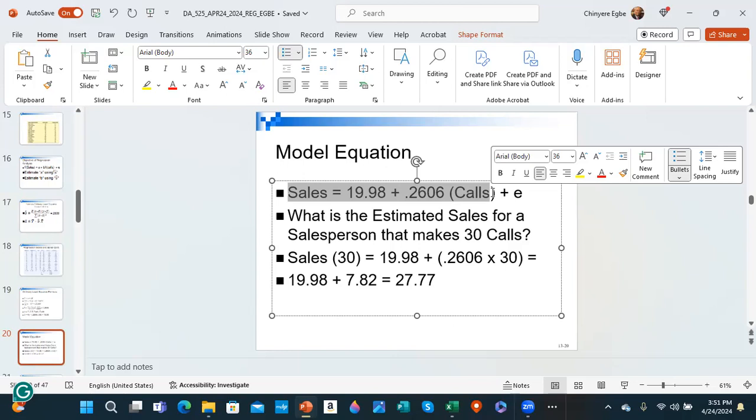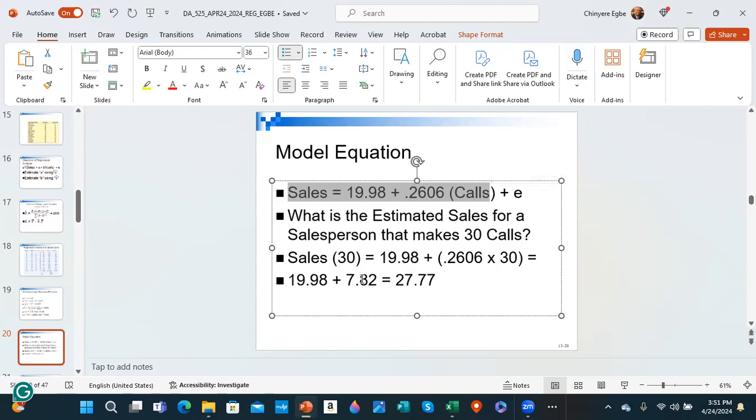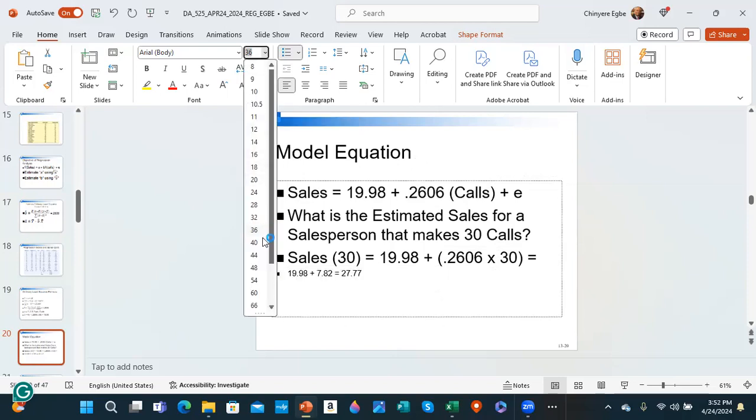The estimated sales for a salesperson that makes 30 calls will be equal to 19.98 plus 0.2606 times 30.